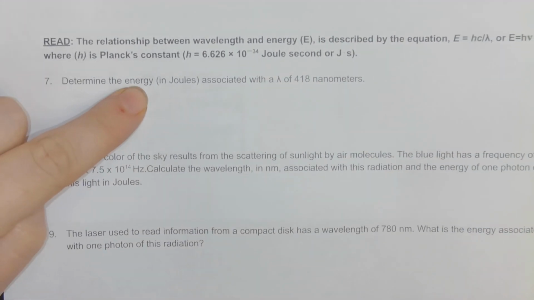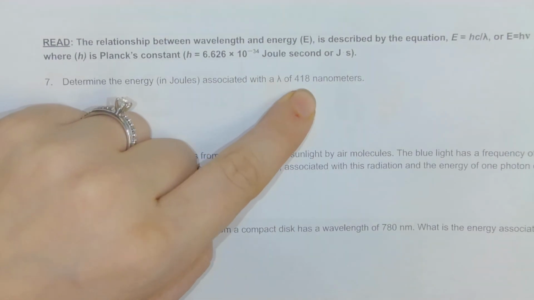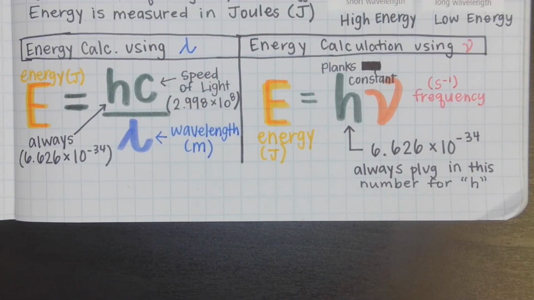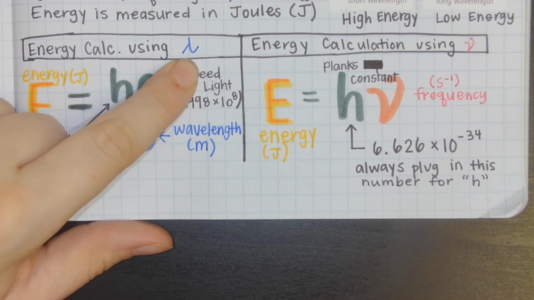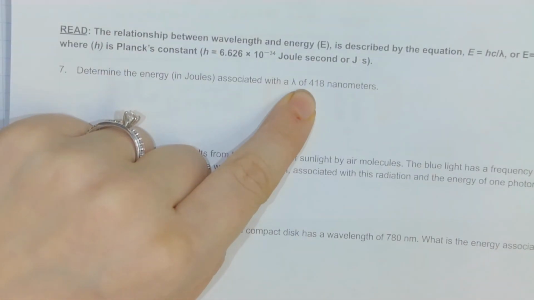Determine the energy associated with a wavelength of 418 nanometers. So for this problem, I'm for sure going to want to do the energy calculation using wavelength because it specifically is giving me the wavelength.